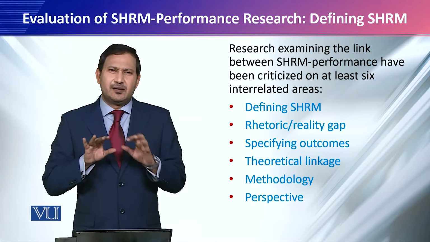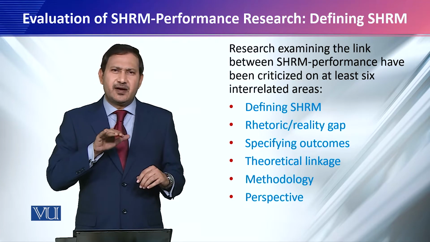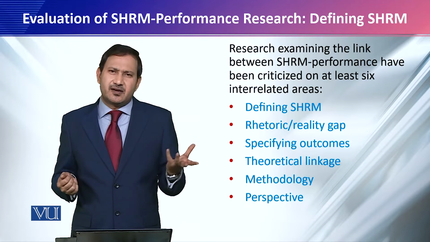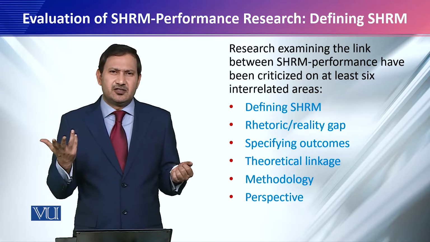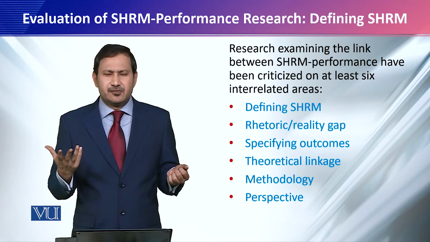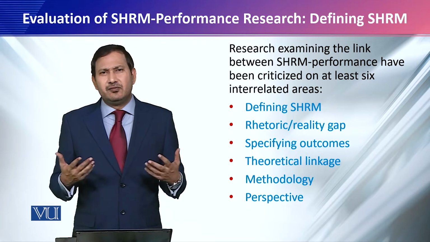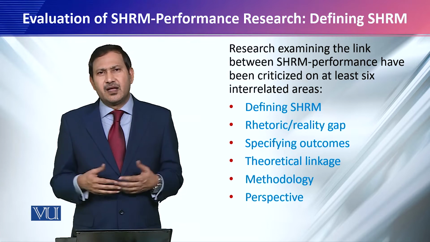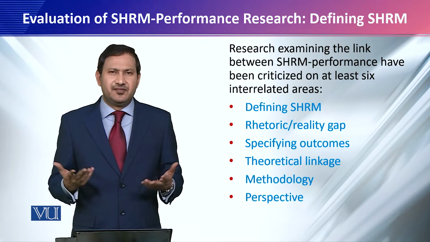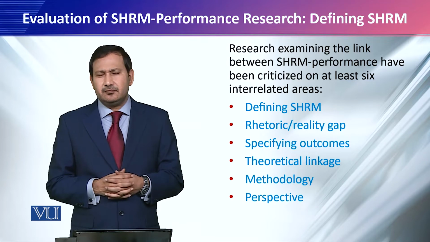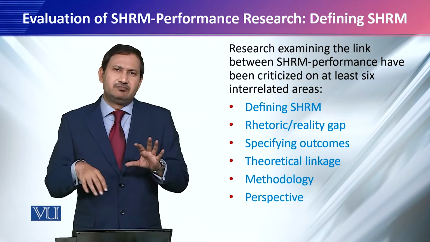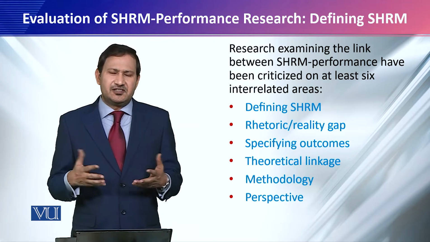If you just write something like the impact of HRM on organizational performance, the impact of HRM on employee turnover, or financial performance, Google Scholar will bring thousands and thousands of articles within 10-15 seconds. So there is a large body of research which is difficult to review in this session.